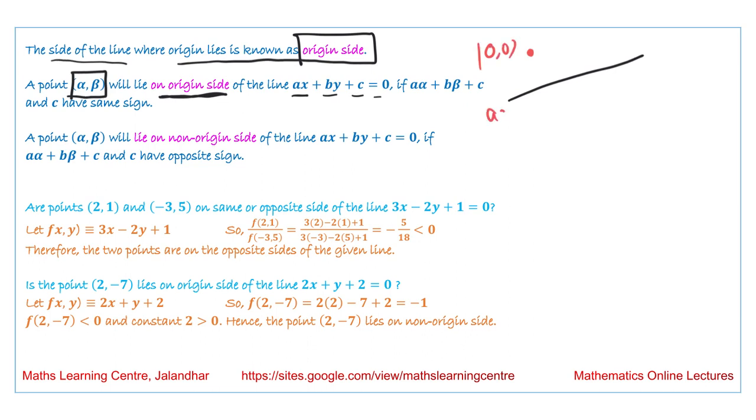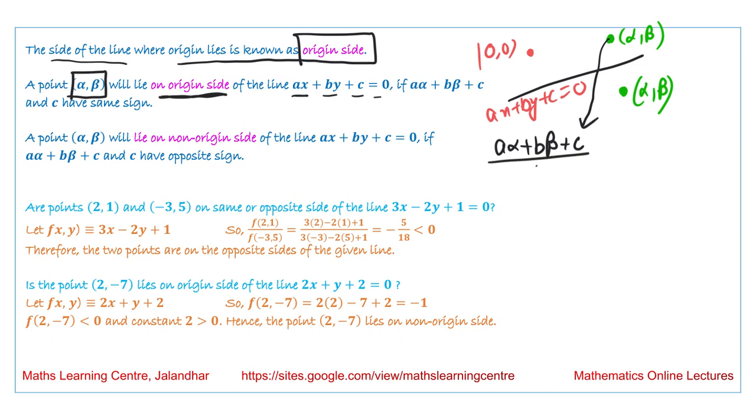This is ax plus by plus c is equal to 0. We are talking about a point alpha comma beta. There are two cases now: it may lie on the origin side or it may not. We substitute this value over here and write a alpha plus b beta plus c divided by c.